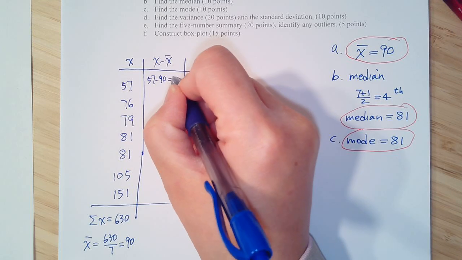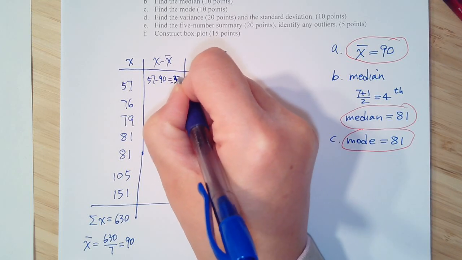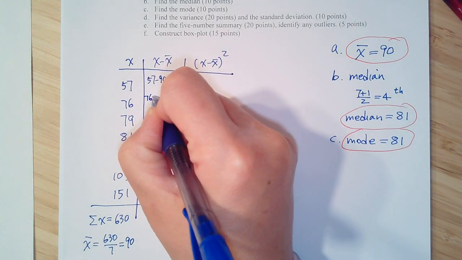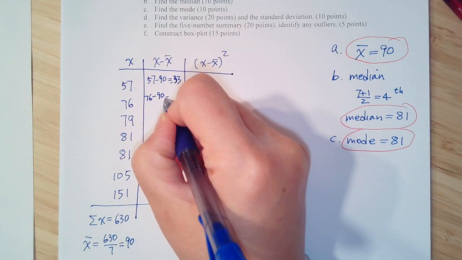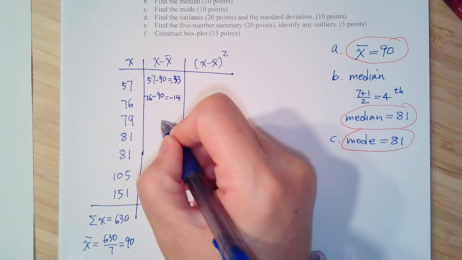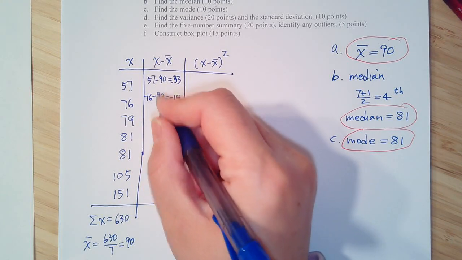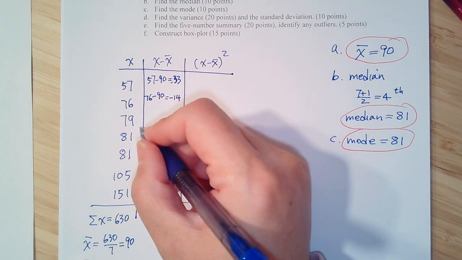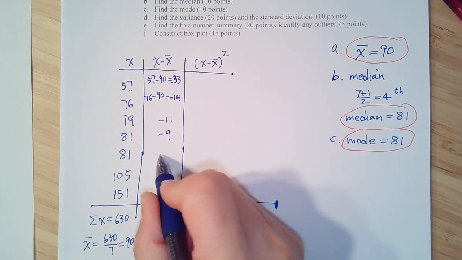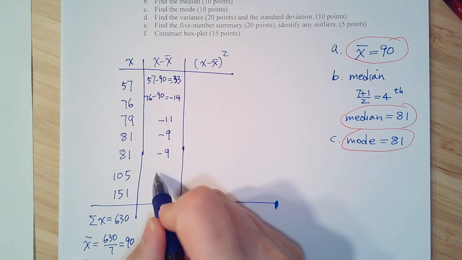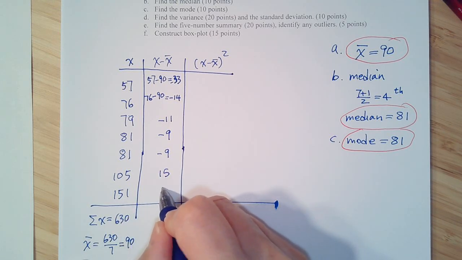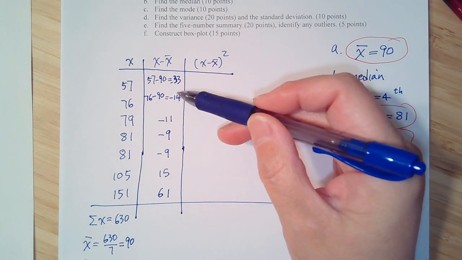The next one is 76 minus 90, which is negative 14. 79 minus 90 gives negative 11, and then negative 9. 105 minus 90 is 15, and 151 minus 90 will be 61. If you want to check that you got this correct, you just add them up. The sum should be 0. If it's not 0, then do it again.